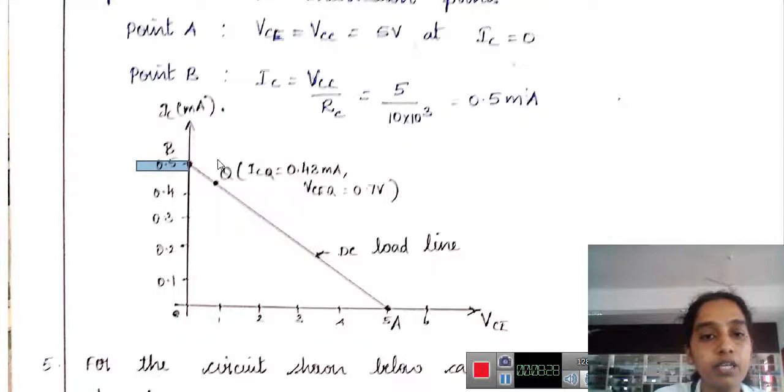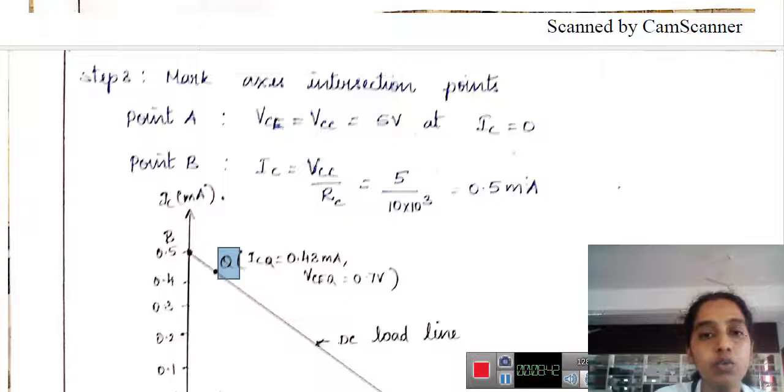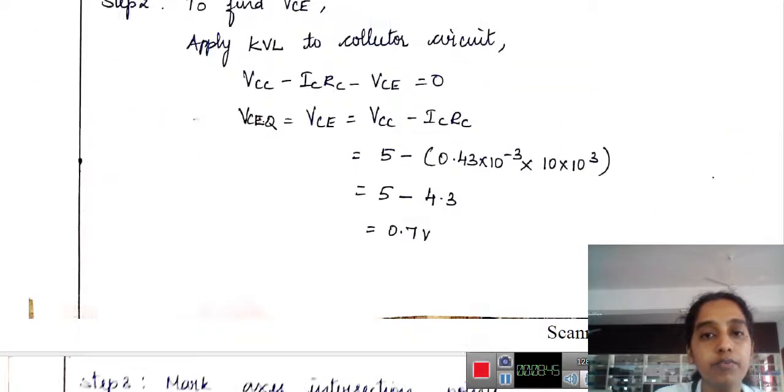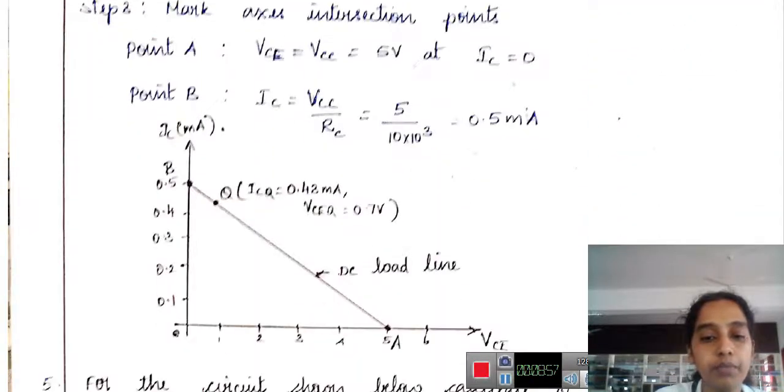This is the DC load line. To find the Q point or the operating point, we have to find the values of ICQ and VCEQ. The value of VCE, also called VCEQ, we have found to be 0.7 volt. It comes nearly here, 0.7 volt.